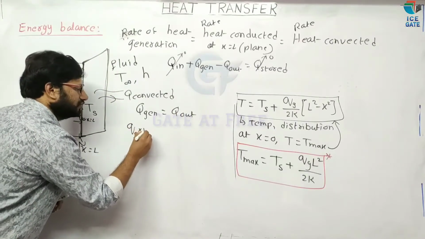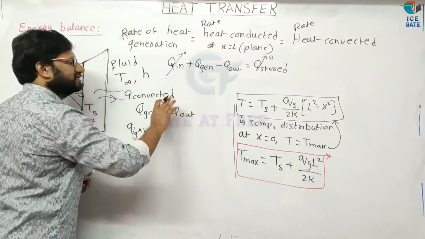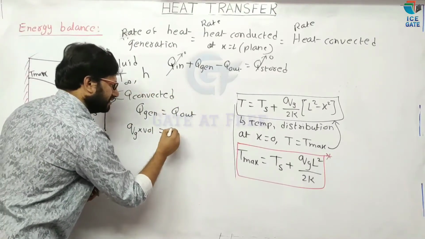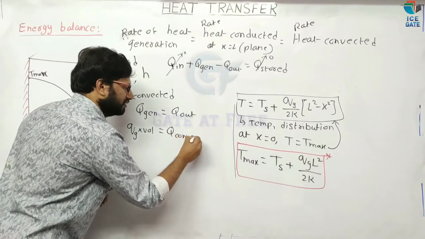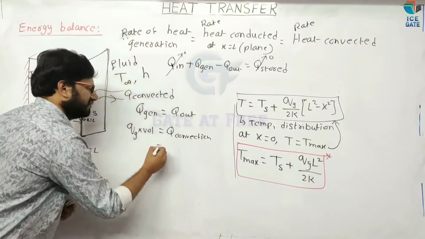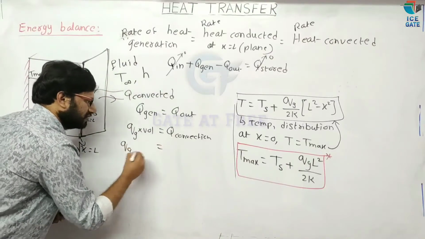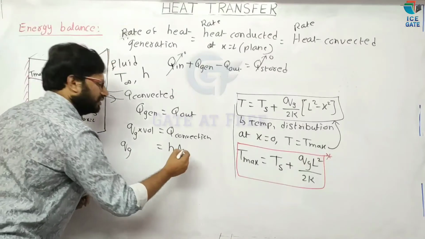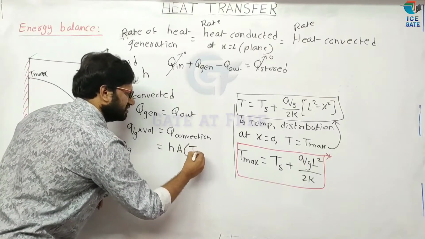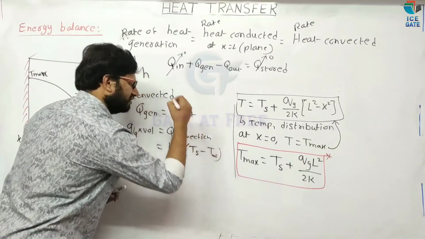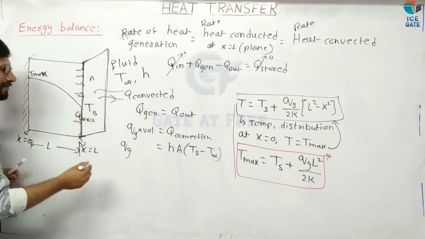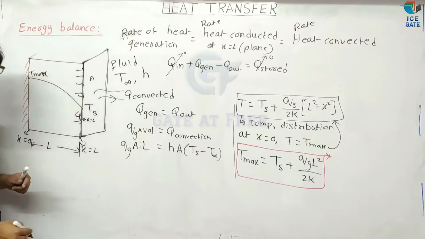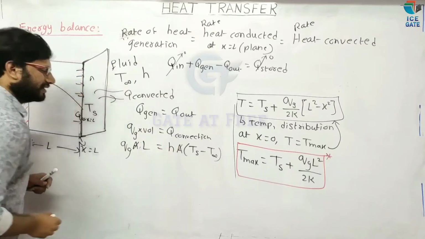Small qg into the volume of the plain slab. What is heat output? That is in the form of convection, Q convection. What is the formula for convection? h A (Ts minus T infinity). Now, what is the volume of this slab? Area into length. Now, area cancels.